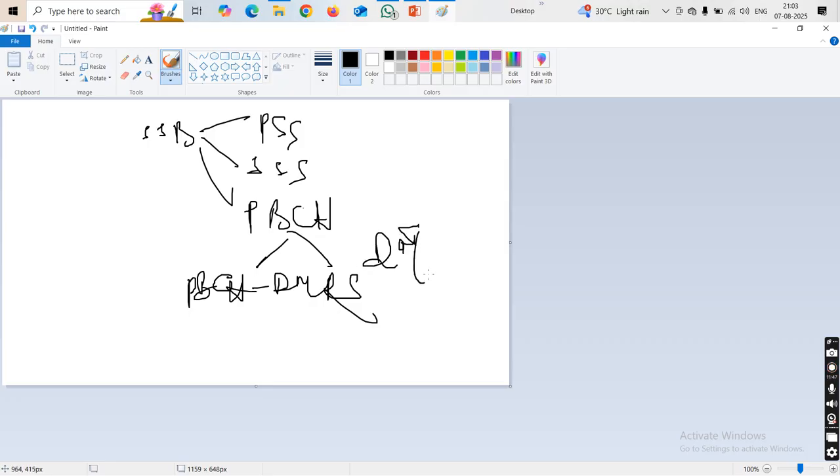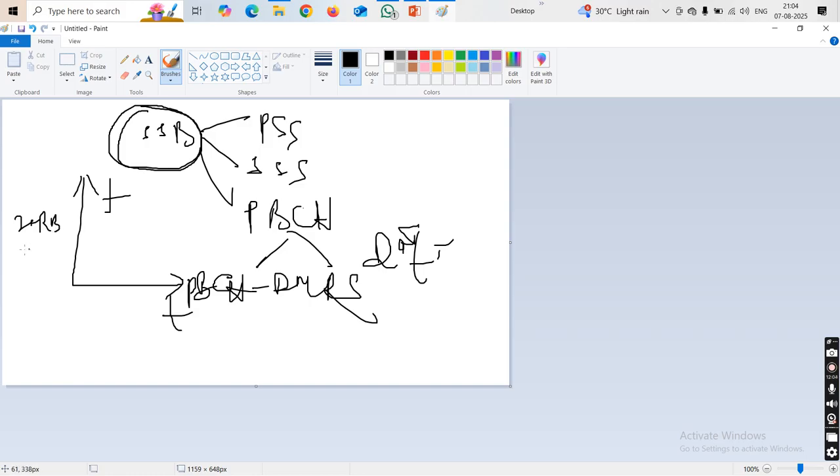Okay, so we will discuss this part in detail, but first what we need to understand is that the UE needs to find the SSB position in the frequency domain and the time domain. This is the time domain, this is the frequency domain. In the frequency domain there are 20 RBs, so out of a total of 240 subcarriers. And in the time domain we have four symbols: 0, 1, 2 and 3.